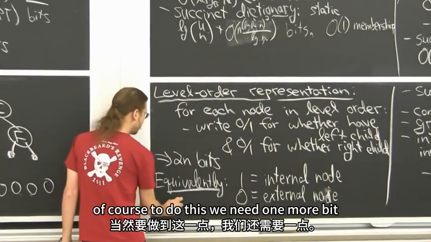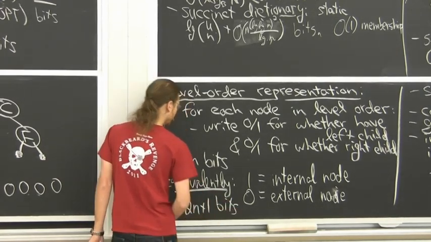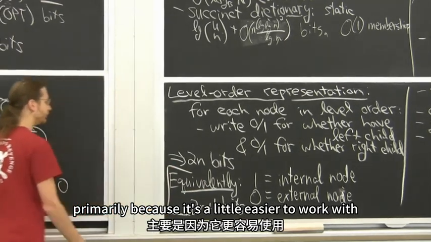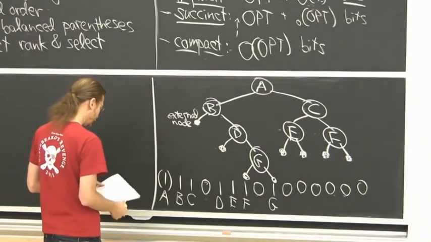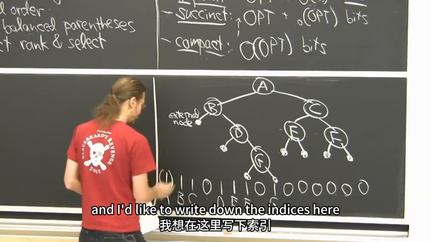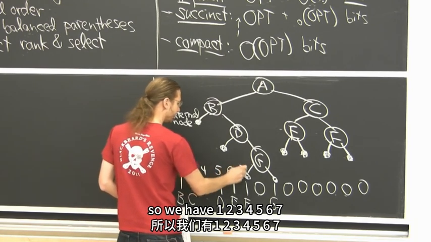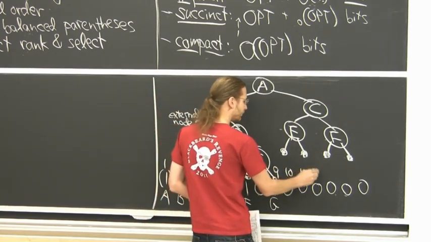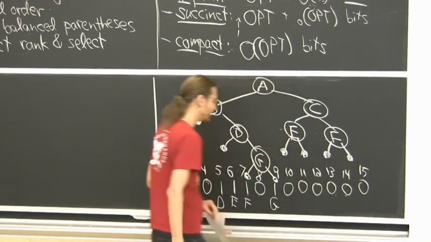Of course, to do this, we need one more bit. And I'm going to take this view primarily because it's a little easier to work with. It doesn't really make much of a difference, it just shifts everything over by 1. And I'd like to write down the indices here. So we have 1, 2, 3, 4, 5, 6, 7, into this array.